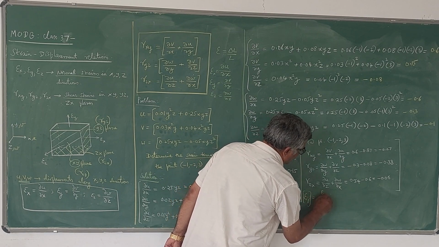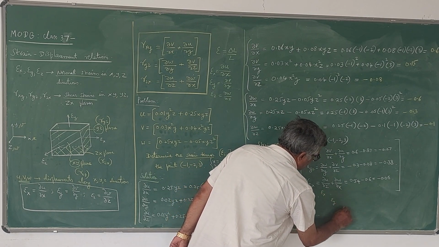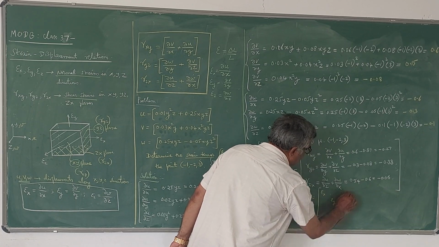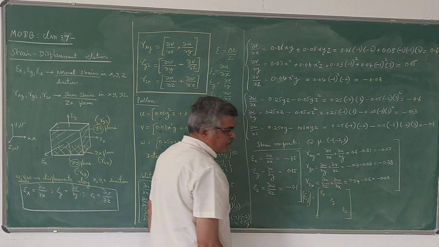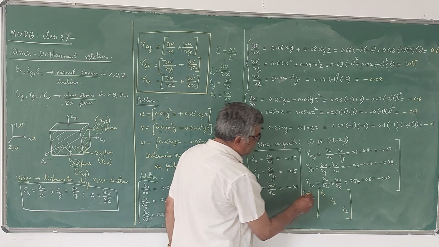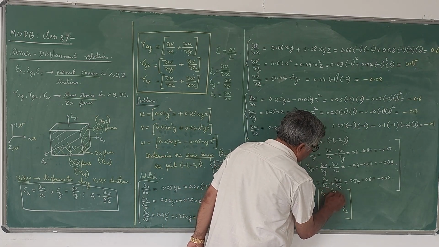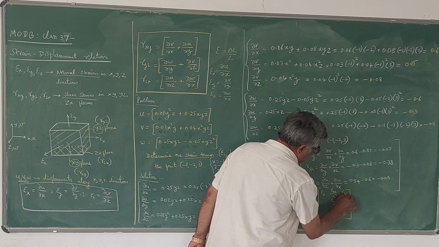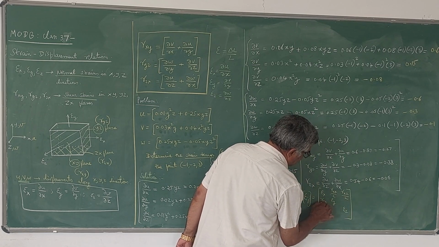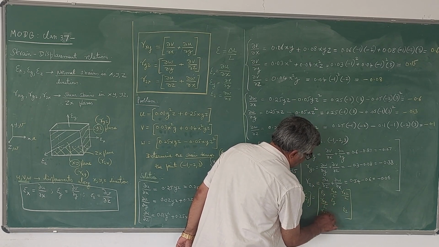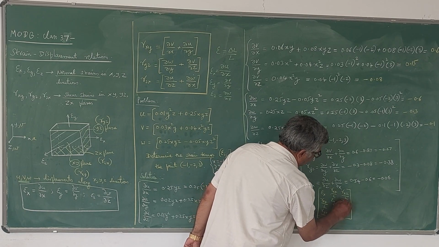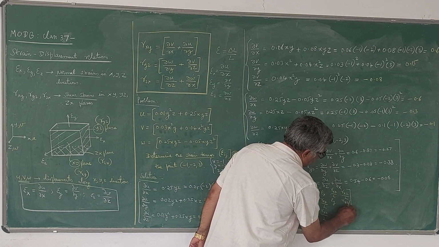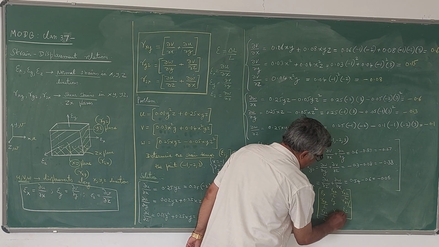It is given by epsilon x, epsilon y, epsilon z will come in the principal diagonal elements. Then the remaining is symmetric. So gamma xy by 2 will be there here. Gamma yz by 2 will be there. It is symmetric. Therefore, this becomes gamma xy by 2, gamma xz by 2, and this will be gamma yz by 2.